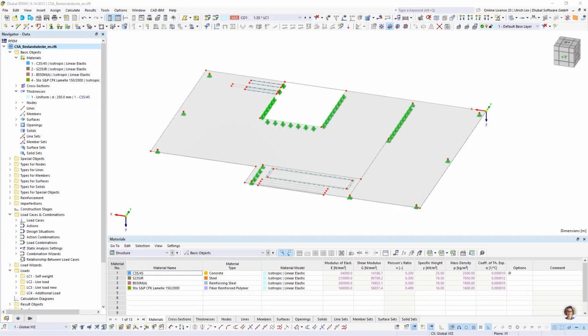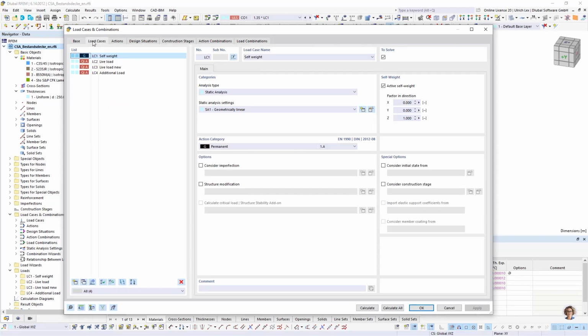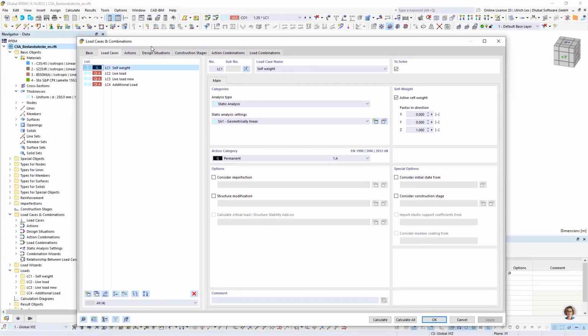The loading is created. I created some load cases. At the first stage, the self-weight. Here it's up to you how many load cases you create. In my case, the self-weight will be the same in the first stage and in the second stage, so it's enough to have one load case.